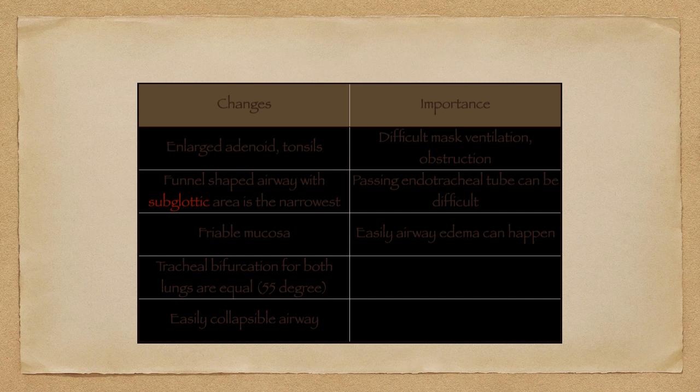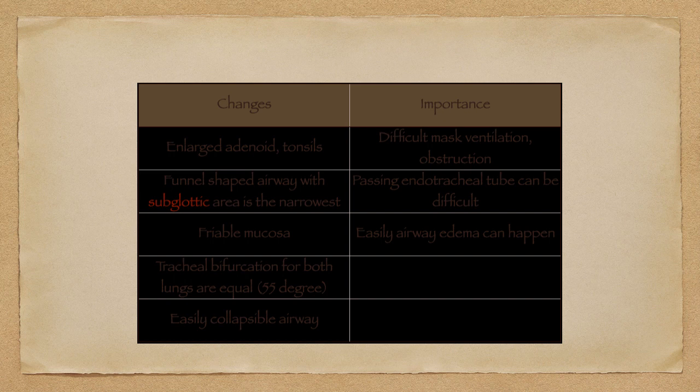Then you have very friable mucosa, so it is very easily edematous. After extubation, or multiple attempts of intubation, can lead to airway edema, and post extubation they can have difficulty in breathing. Then the tracheal bifurcation for both lungs is equal, at 55 degrees.